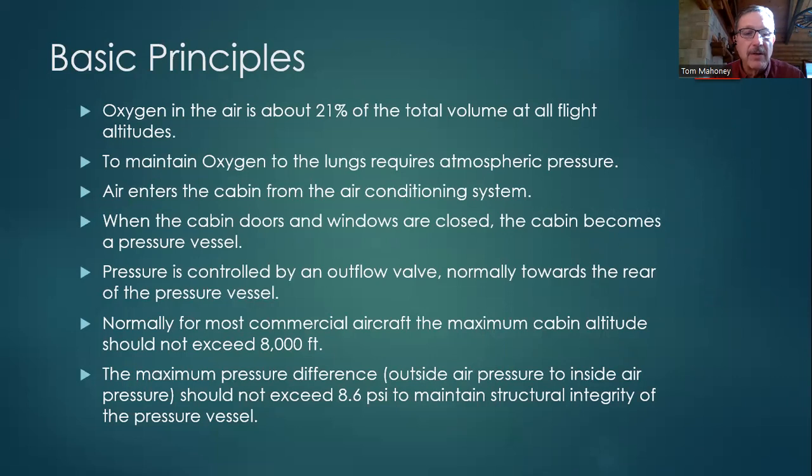The pressure is controlled by an outflow valve, normally towards the rear of the pressure vessel. Normally, for most commercial aircraft, the maximum cabin altitude should not exceed 8,000 feet. The maximum differential outside air pressure to inside pressure should not exceed 8.6 psi to be able to maintain the structural integrity of the aircraft.